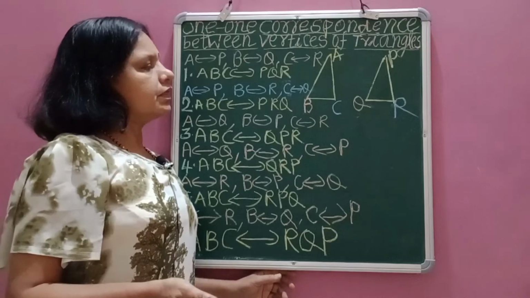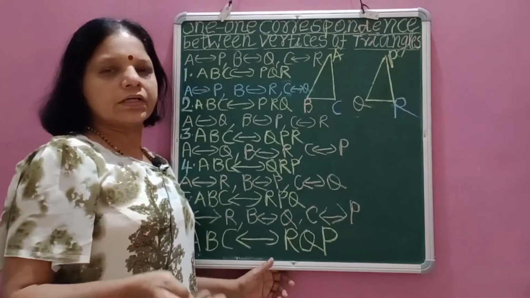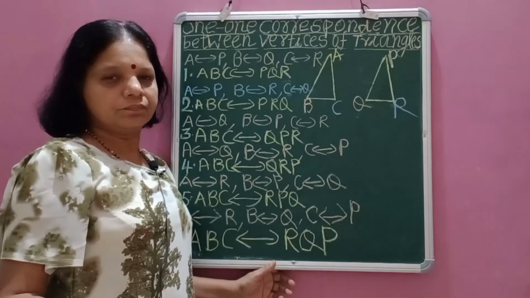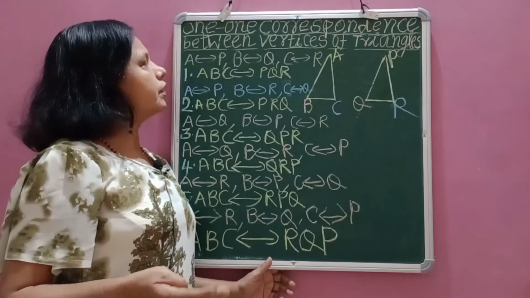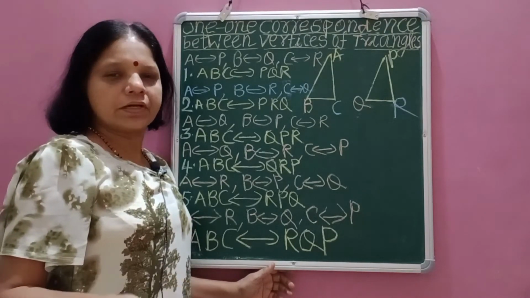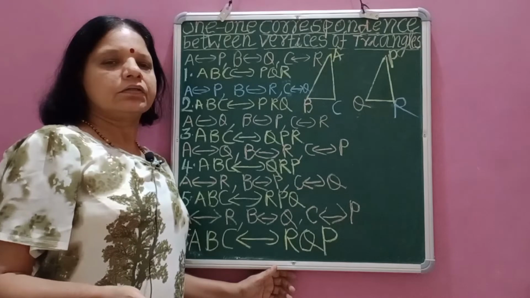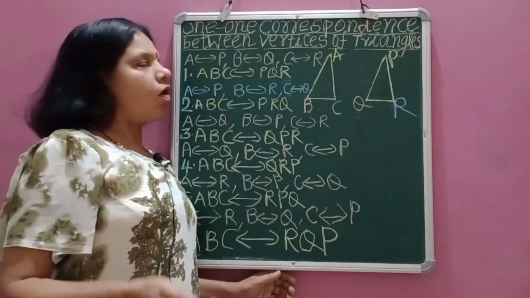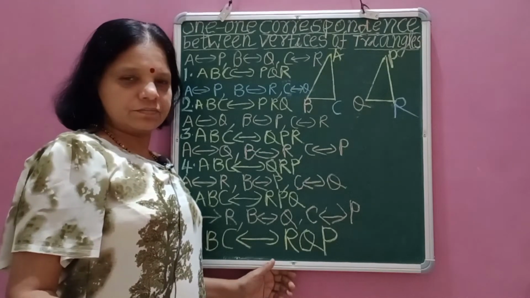While writing the one-one correspondence between the vertices of two triangles, there are 6 ways of correspondence.